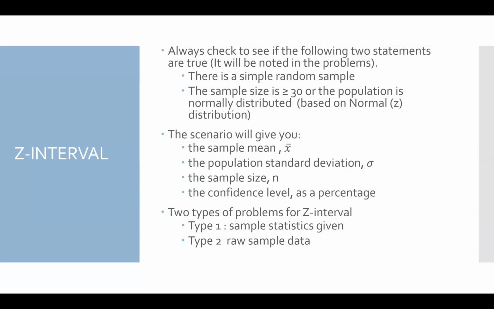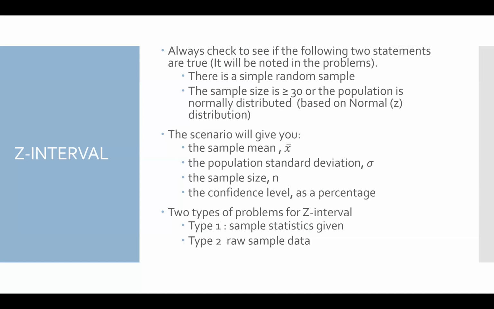Nobody was favored over another. The sample size is greater than or equal to 30. Remember, that's our magic number. Or we know the distribution is normal. Because the Z interval is based on the normal distribution, which is also called the Z distribution.